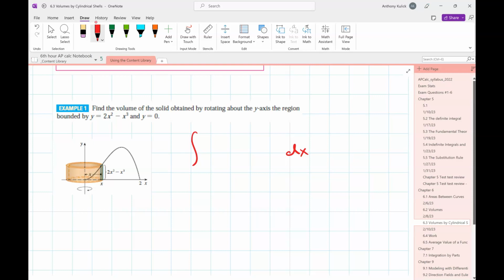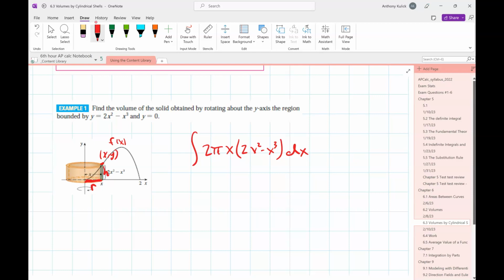Okay. So if I look here, the radius of my cylinder is x. The height of my cylinder is the y-coordinate here, which is f of x, or 2x squared minus x cubed.